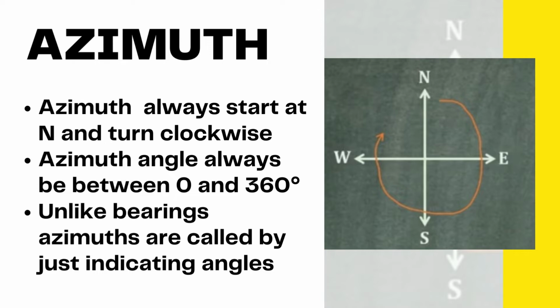Because each quadrant is a right angle, and a right angle is equal to 90 degrees. So if you multiply 90 times 4, it is equal to 360 only. That is why the value of the azimuth must only be between 0 to 360 degrees. Unlike bearings, azimuths are called by just indicating angles.